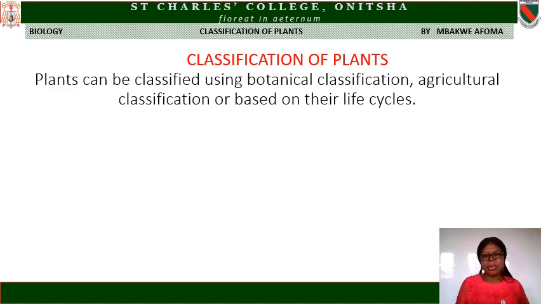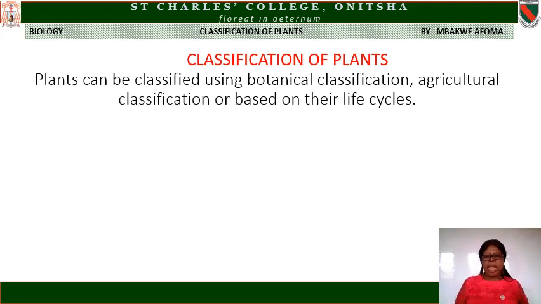Now, let me ask you, where do you think that all these food come from? Yes, all of them are from plants. And if you look around, you see so many plants around. So there is need to order them in a particular sequence for easier identification. So we look at classification of plants.